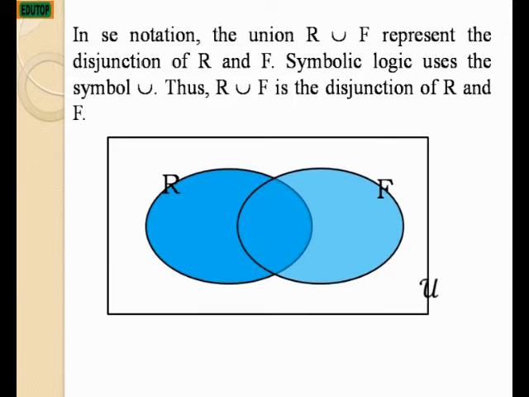Thus, R union F is the disjunction of R and F, which can be seen in the Venn diagram here, where we have the set R overlapping that of F, and we have our universal set as a class.